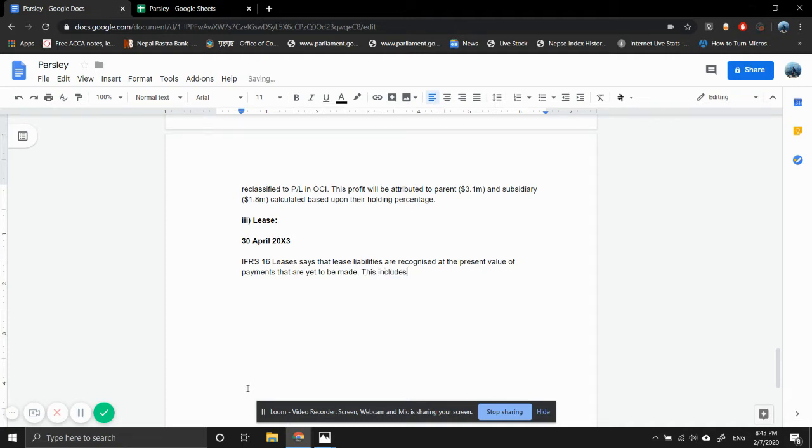This includes all fixed lease payments, variable payments based upon an index, termination penalties, and an option to purchase which is likely to be exercised.